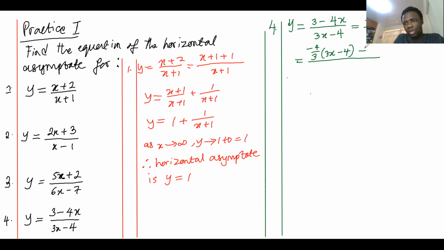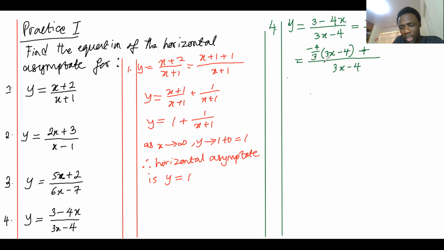So your job is to find out what number is this. Of course, this is going to be 3x minus 4. So I go to my working paper, and I will open this bracket.